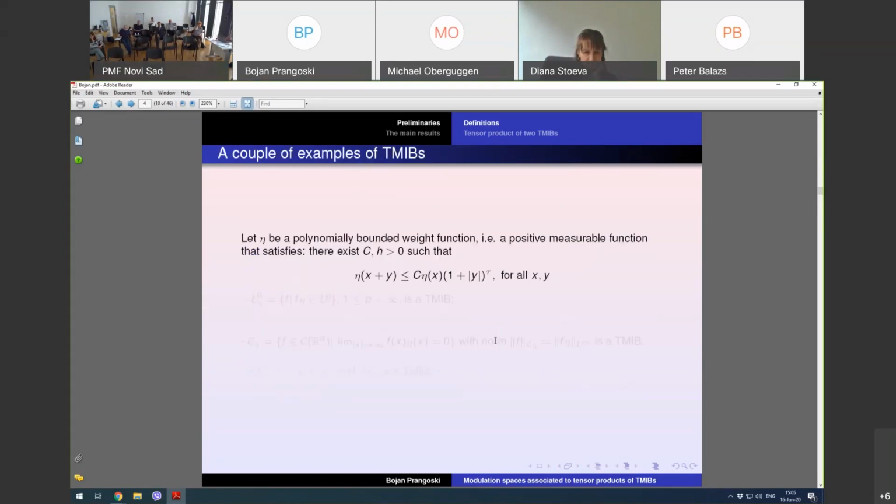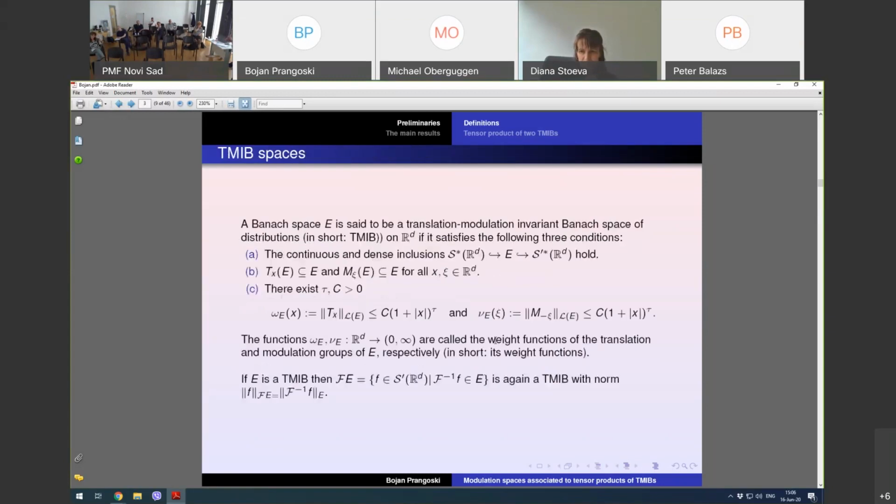If η is a polynomially bounded weight, then the L^p spaces weighted by η are translation-modulation invariant, of course, for p between 1 and infinity, excluding infinity, because if you take L^∞, the first axiom fails: the space S is included in L^∞ but it is not dense.